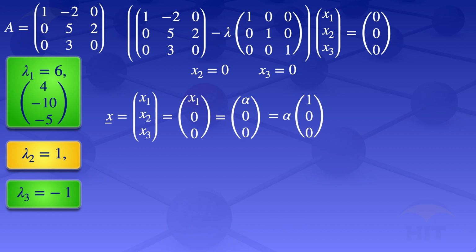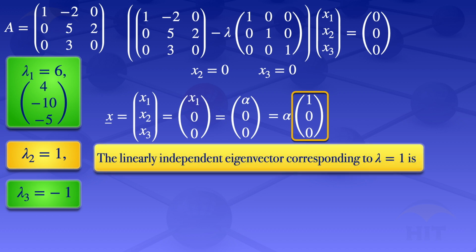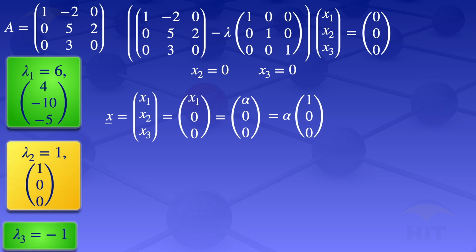What we'll be having there is infinitely many eigenvectors, but these vectors are a scalar multiple of this vector here. So what we'll be having there is the linearly independent eigenvector corresponding to lambda equals to 1 is 1, 0, 0. So I'll go on and write it on the left there. The linearly independent eigenvector corresponding to lambda equals to 1 is 1, 0, 0.